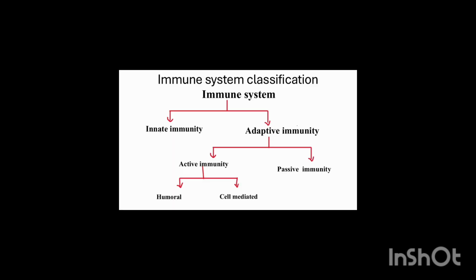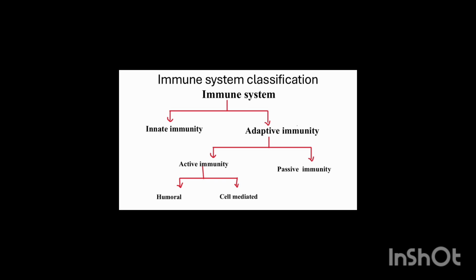Let's summarize. Immunity can be broadly classified into two main types: innate immunity and adaptive immunity. Adaptive immunity has two subtypes: active immunity and passive immunity.